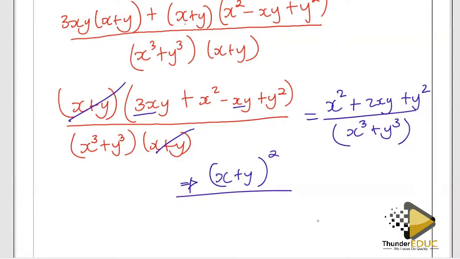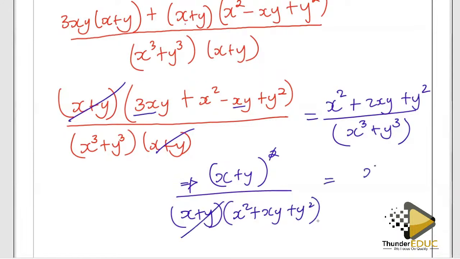If you want to factorize this, please go ahead. You're going to have x plus y again, and then x squared plus xy plus y squared. So that 1xy cancels out 1xy. Then we're going to have x plus y over x squared plus xy plus y squared. So this should be our final answer for the 4 marks.